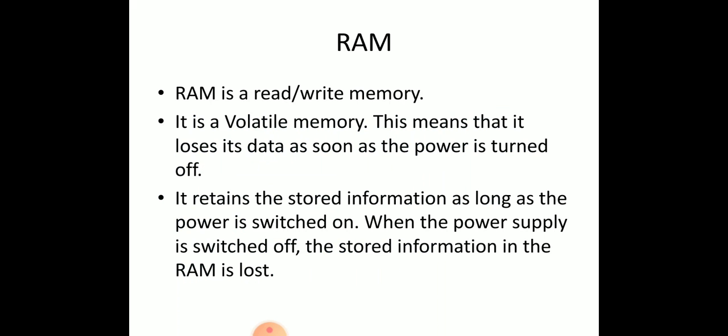When the power supply is switched off, the stored information in the RAM is lost. Suppose you are reading or writing something and your computer gets switched off, the data you are typing gets lost in the RAM.